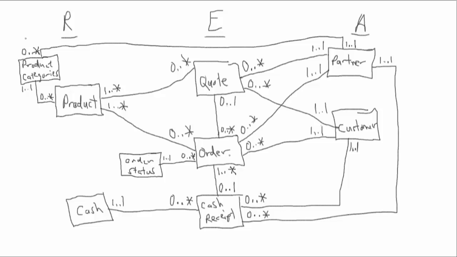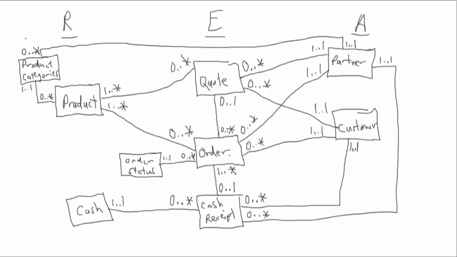So what we have is a relationship from a foreign key to a primary key. So for example, in my quote, I'm going to relate a quote to an individual business partner. So that quote has to have partner ID in it as a foreign key. That partner ID is going to relate to the partner ID in the partner table.